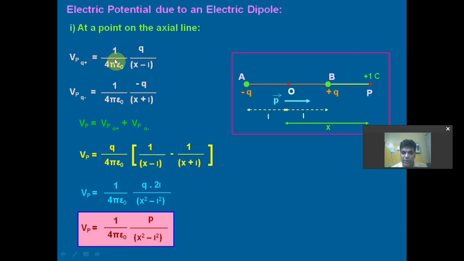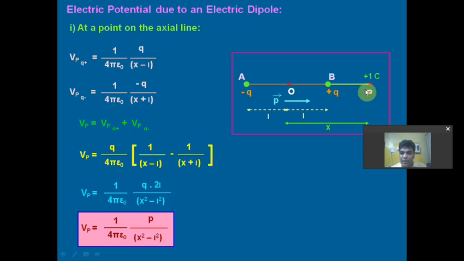So it will be represented by 1 by 4 pi epsilon naught q upon x minus L. So at this point, due to plus q charge, the distance of P from the origin we have taken as x. What will be the distance between the plus q charge and P? From the origin to P this distance is x, and from the origin to B this distance is L. So what will be the PB?